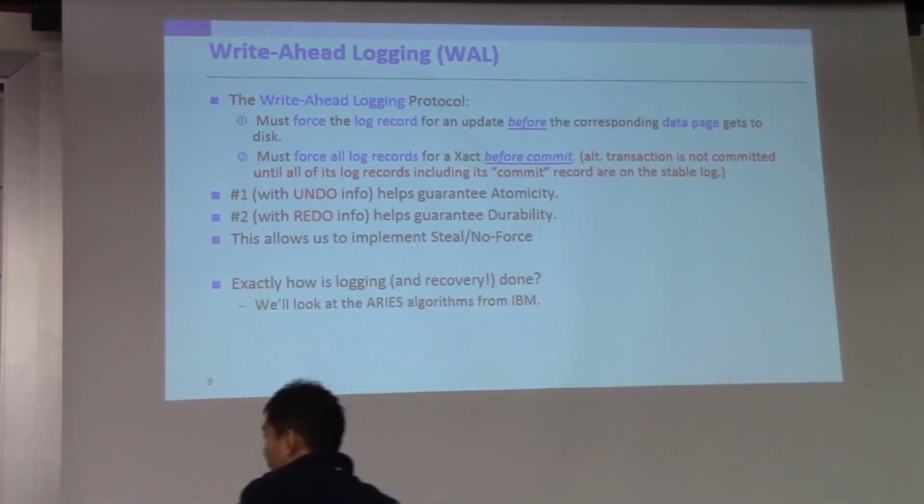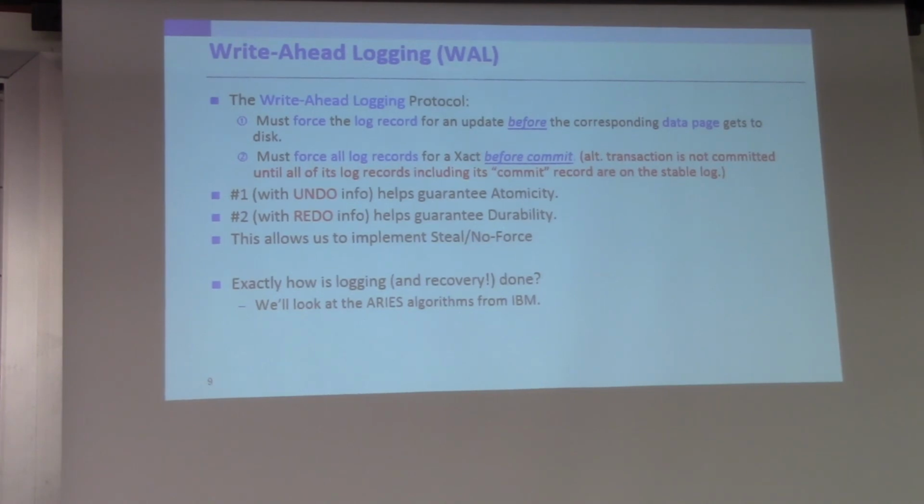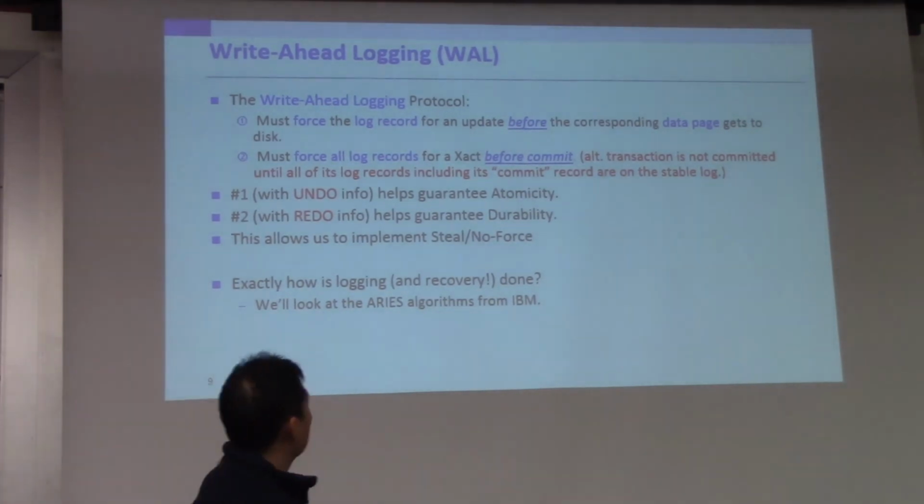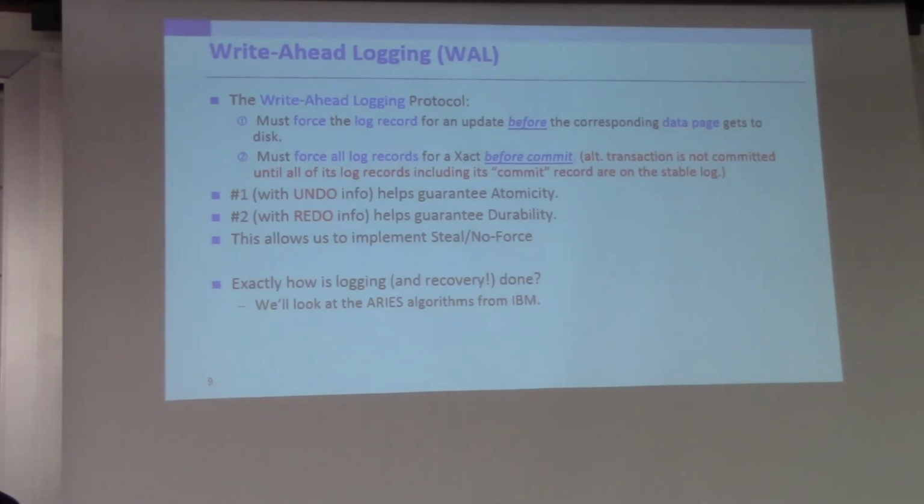So the idea is, first of all, we need to use write-ahead logging. WAL basically boils down to two requirements. One, we must force the log record for an update before the corresponding data page gets to disk. So we are using force policy on log records. What's force policy?